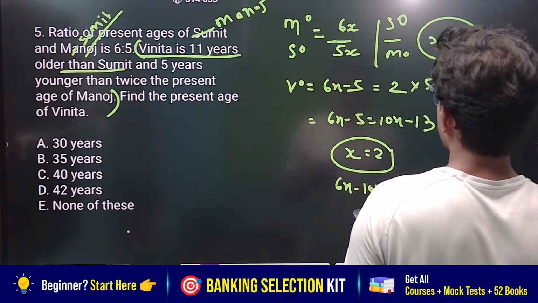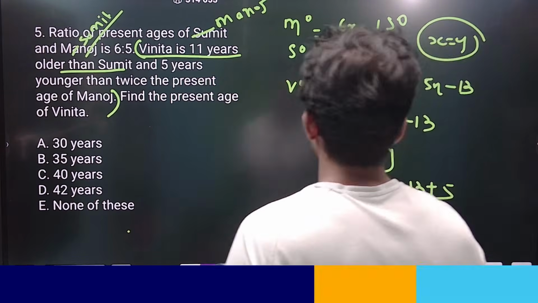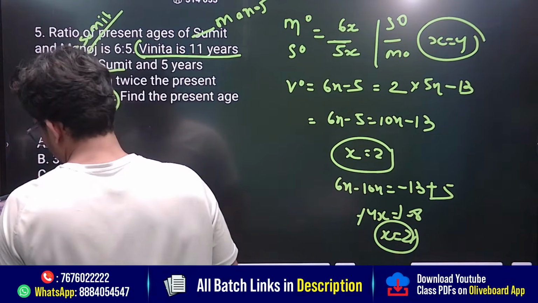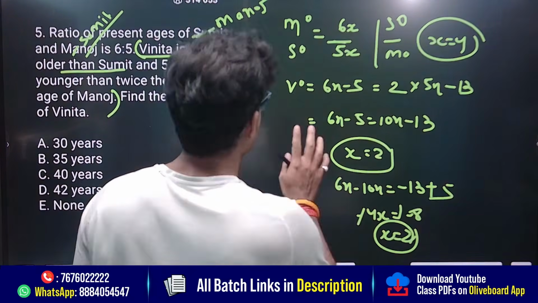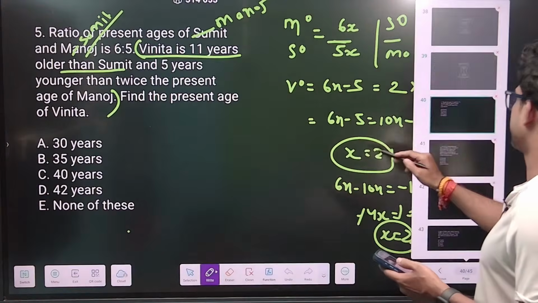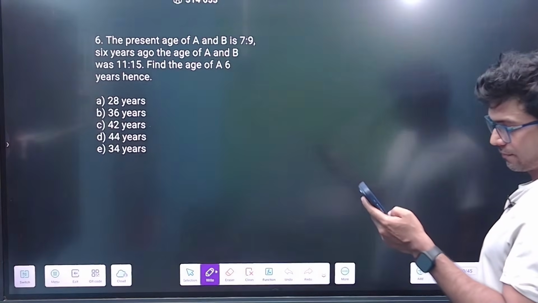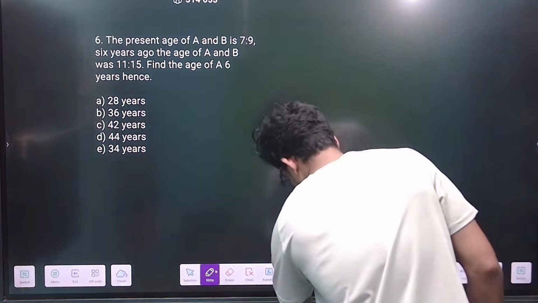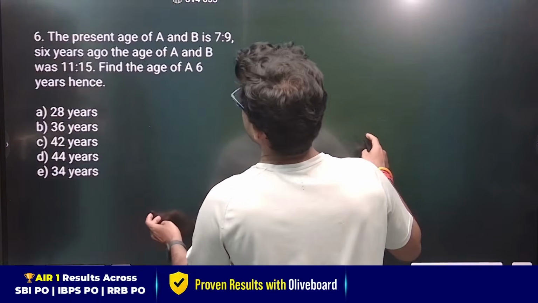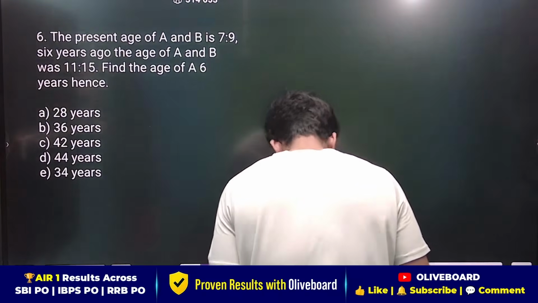Value of x is 4, then you got your answer like 35 now. Okay, let it be, not an issue. Let's go for the next one. I have solved with a different ratio, so I need to check while solving.